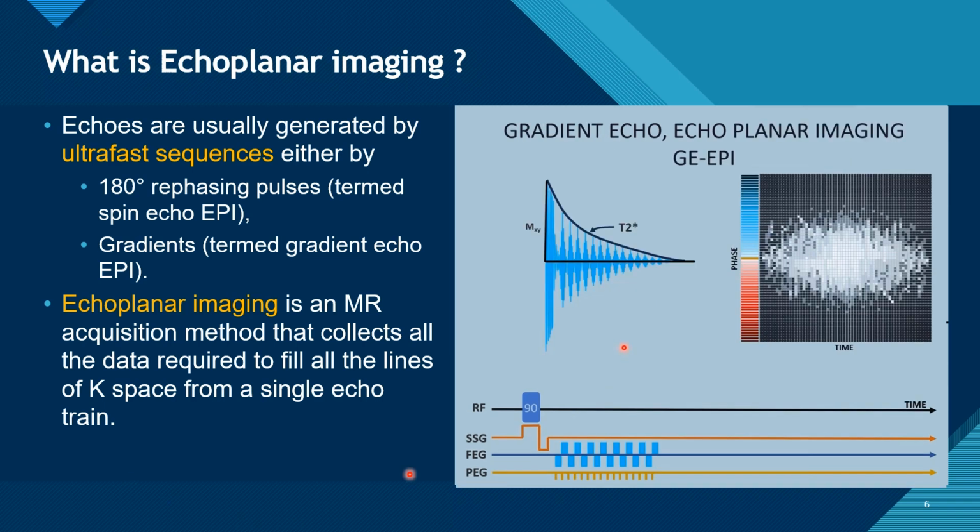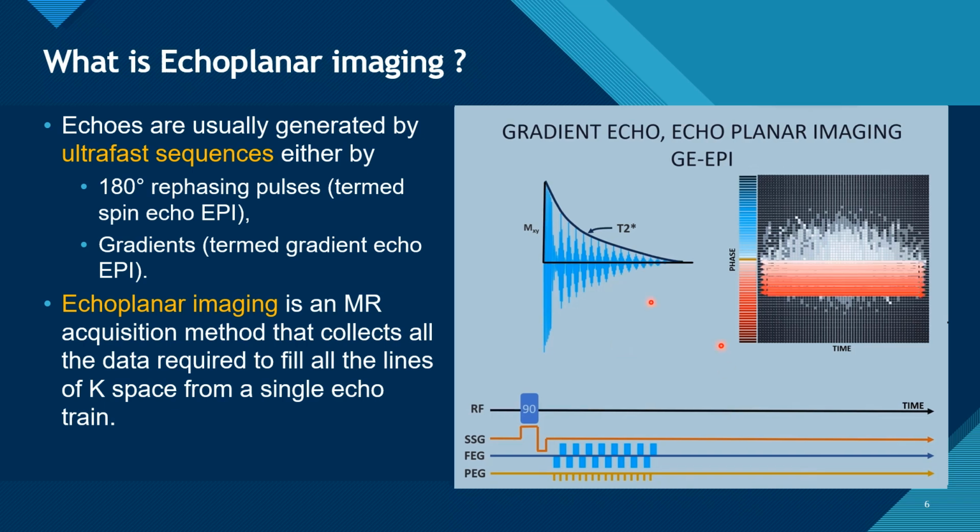Giving another example, but with gradient echoplanar imaging, it is exactly the same idea. We give the 90-degree pulse, followed by our flip angle. There will also be a free induction decay, which is the T2 star weighting. However, to keep the signal going, we will give our partial phasing and dephasing gradients, which will keep the signal going along the echo time, and we will also rapidly acquire all the information needed within the k-space.